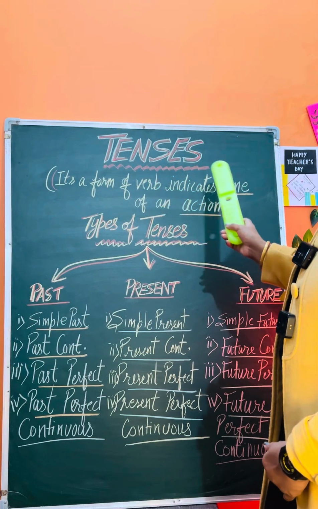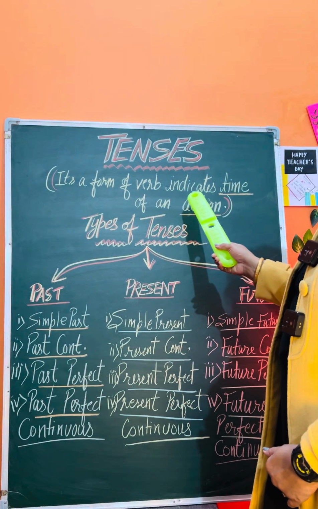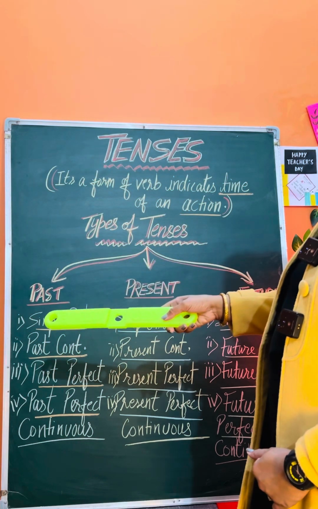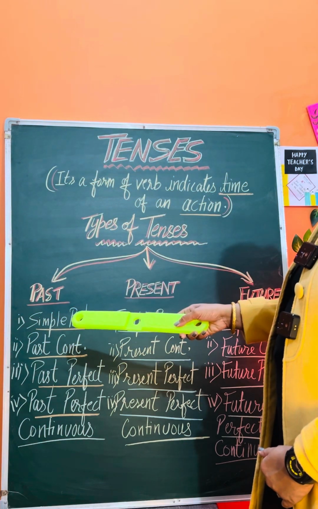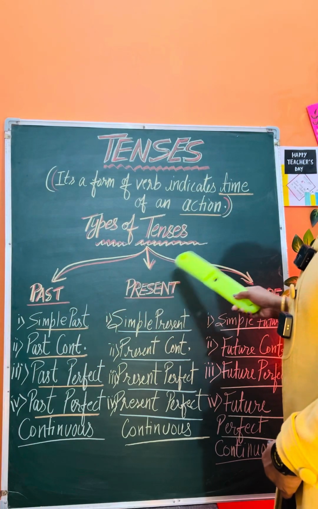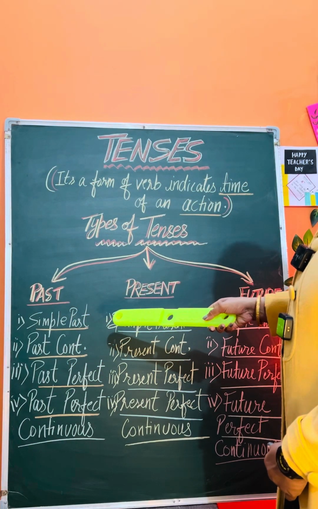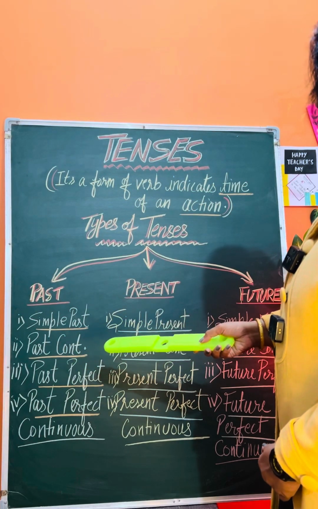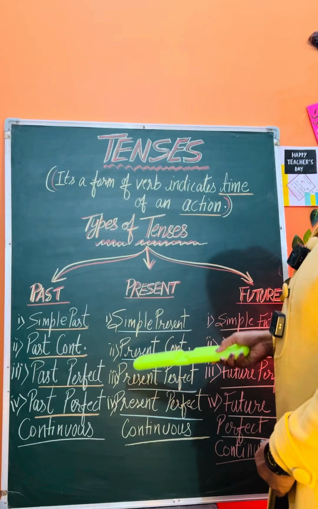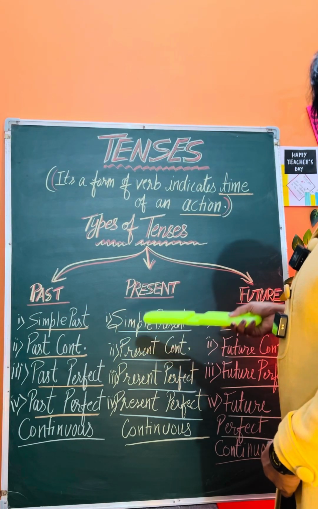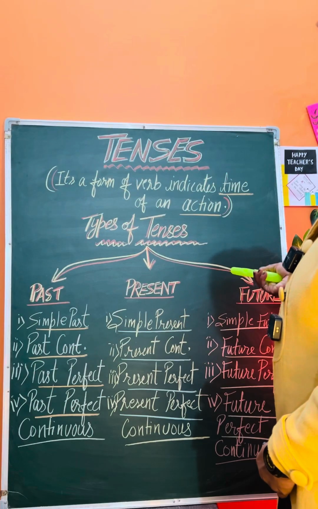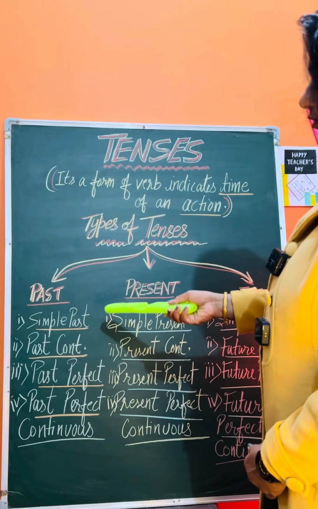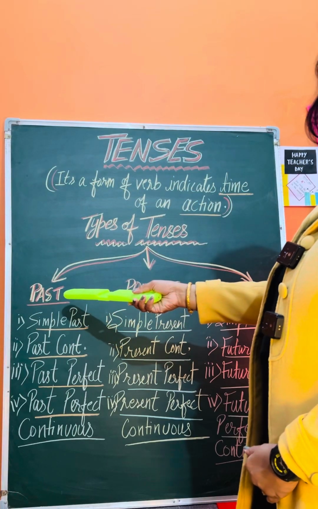Whatever sentence you are taking, if any action took place in that sentence, it means it is mentioning a time, whether the action happened in the past, or is happening right now at the current time, or will be in the upcoming time, right? The time which is not right now is put in the upcoming category.